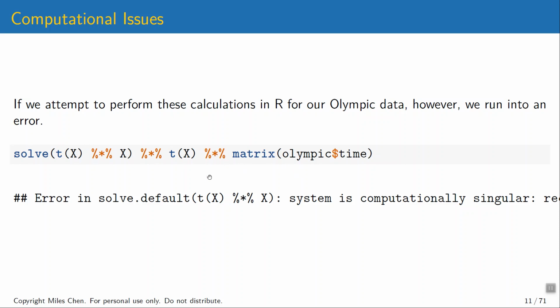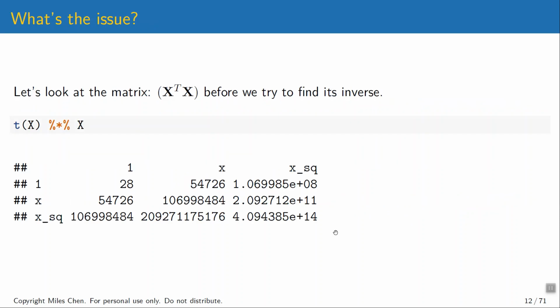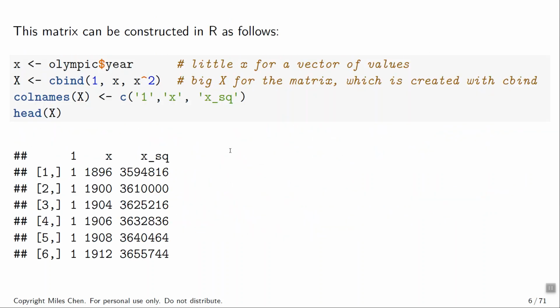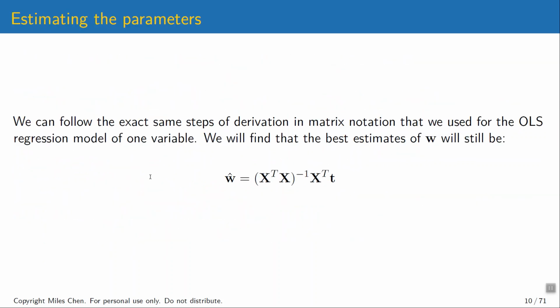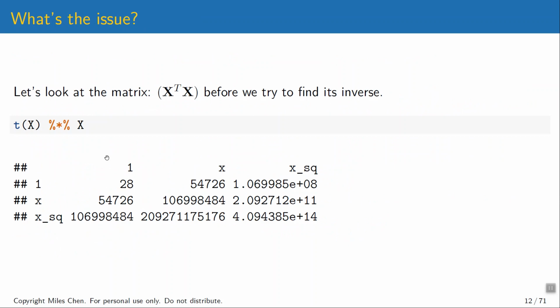However, what we can see is that when I run this, I get an error. It says, error in solve default, system is computationally singular, and so on. The issue here is not that I've done anything wrong. The issue is that when I do X transpose X, because I've got huge numbers here on the order of 3 million, 4 million, X transpose X is effectively like a squaring operation.